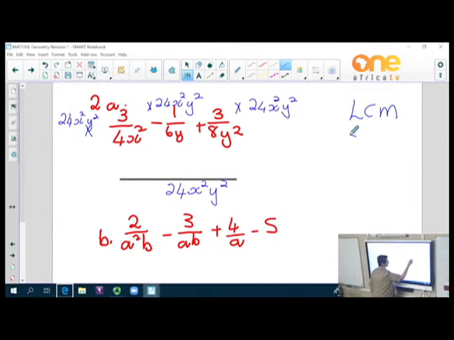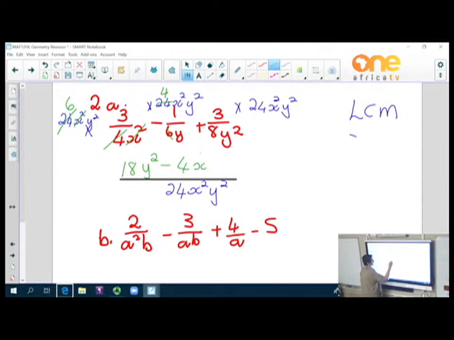Now we're going to cancel here. The 4 divides into the 24 6 times. 6 times 3 is 18. This x will cancel out, so then it is y^2. Here it's a minus. The 6 will divide into 24 4 times.